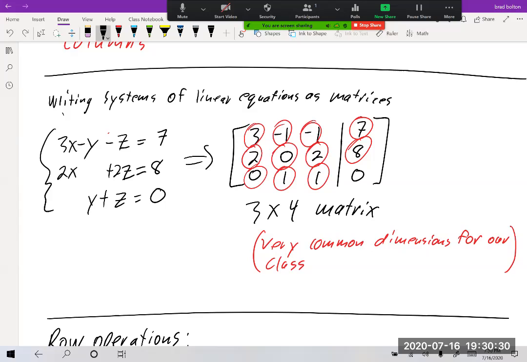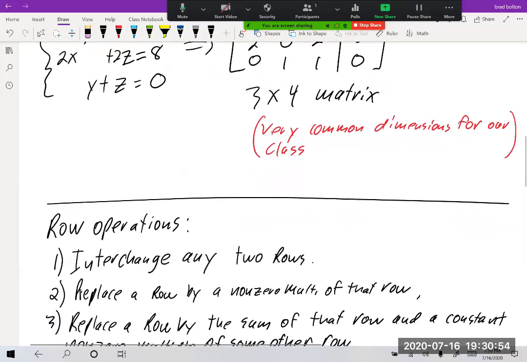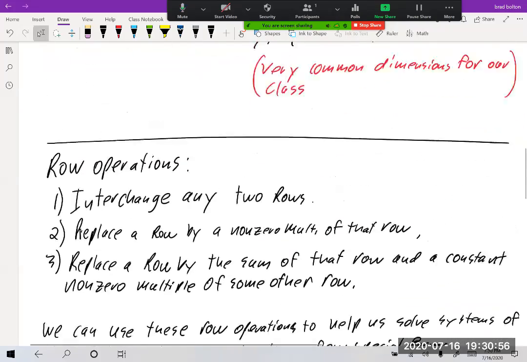Okay. So that's all you do to rewrite a system as a matrix. It's pretty straightforward. And this is a very common dimension for our class, a 3 by 4 matrix, meaning you have a system of equations with 3 variables and 3 equations. So it's very common to use that size of matrix.